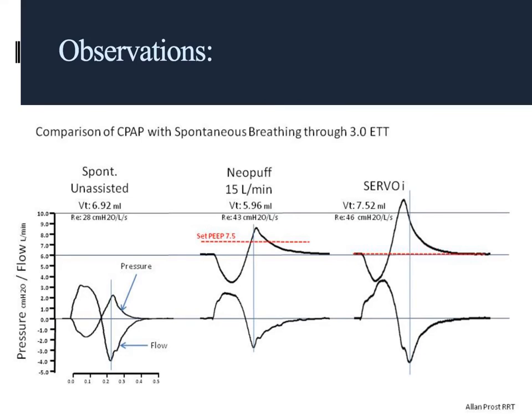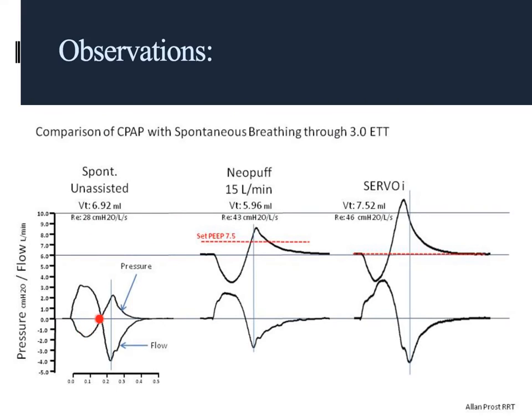So once again, we started off looking at just a spontaneously breathing patient. So this is the exact same parameters we were using just a few minutes ago, comparing the NeoPuff and the CPAP ventilator. So it's the same ASL5000 tracheal model, except now what I've done is I've intubated the patient. So we've replaced our tracheal model with a 3.0 endotracheal tube.